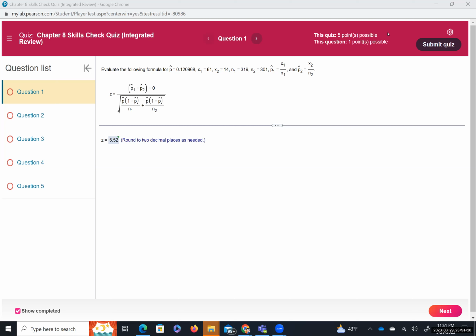So for example, in here I'm having a formula with z.